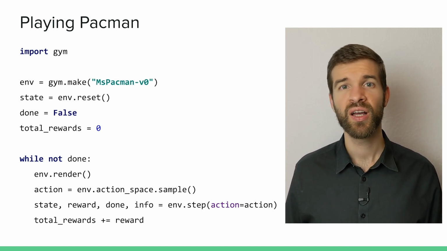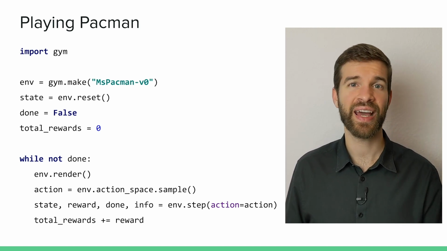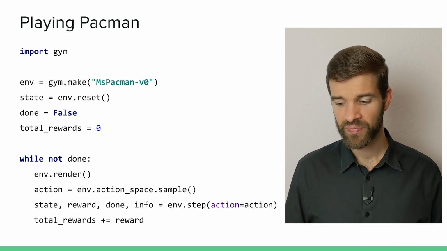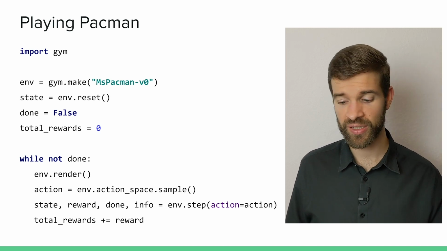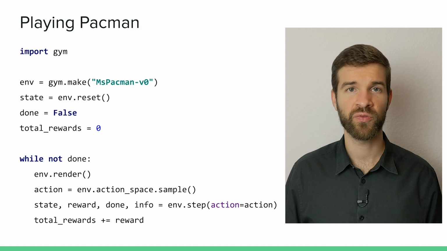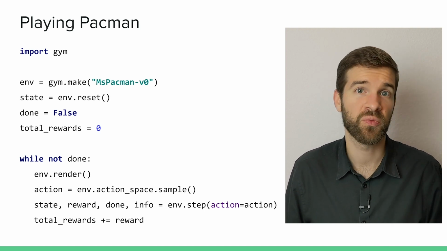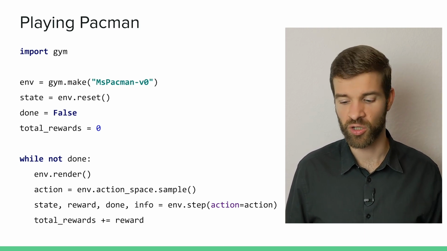So we sample from those possible actions, and then we apply that action in our environment. We take a time step, and that time step gives us a new state that we are now in, a potential reward if we've found one of these things that give us something, and it also says whether the game is over or not, and until the game is over we can repeat that in the loop.